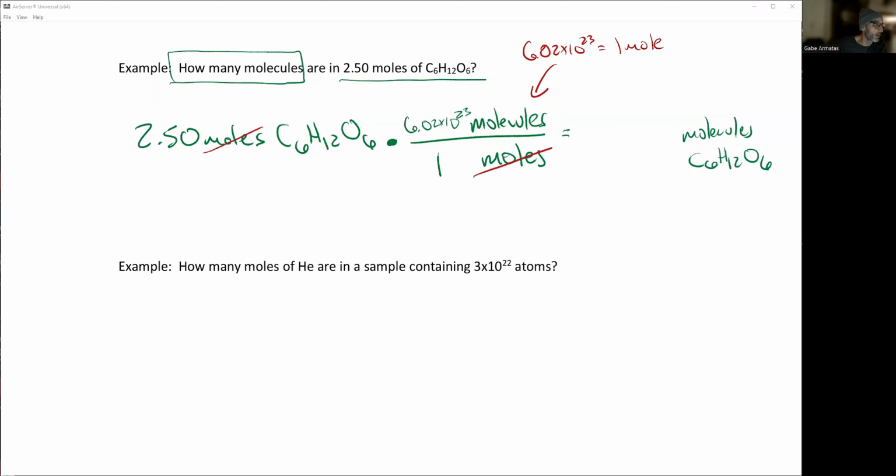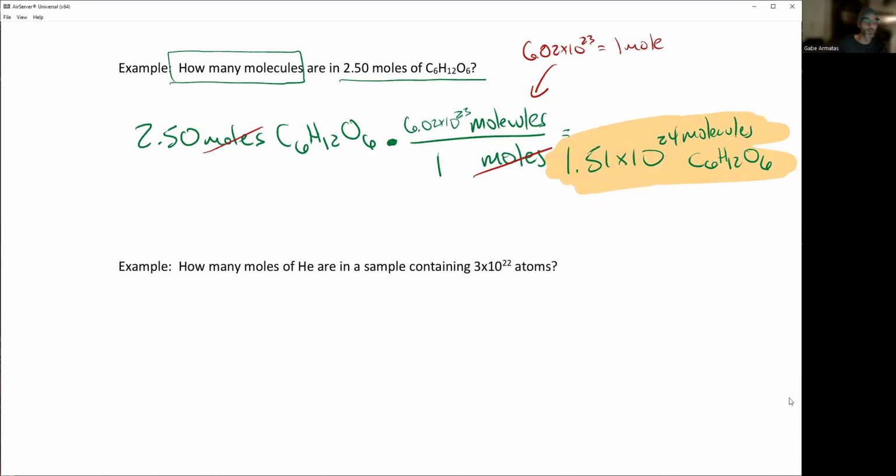Wow. So 1.51 times 10 to the 24th molecules of C6H12O6. Okay, so there we go. It's a giant number. It's even more giant because we multiplied it, but there we go.